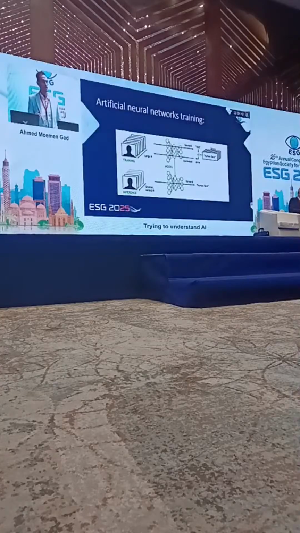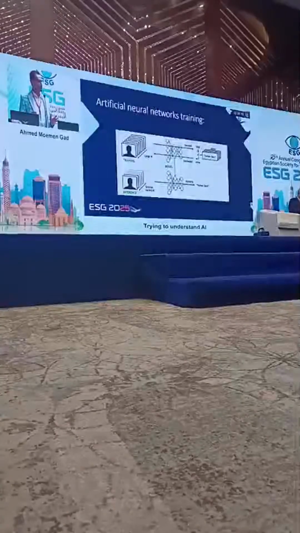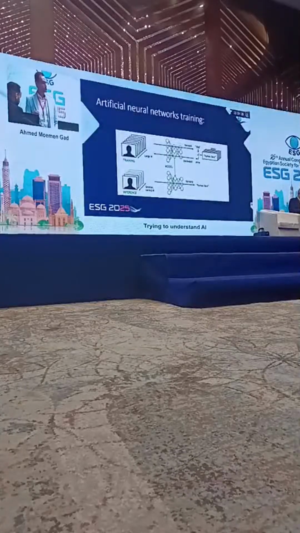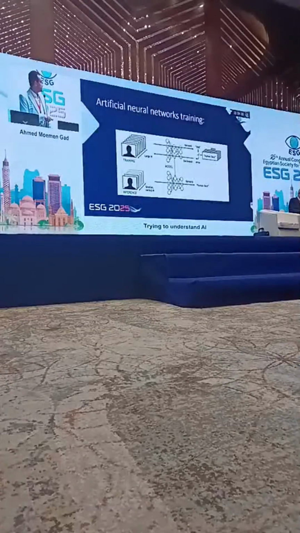At this stage, the programmers give the computer the inputs and train the network to see the output. After finishing the training stage, the network is ready for the population to use.